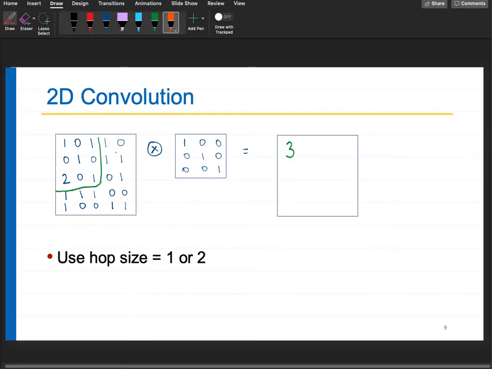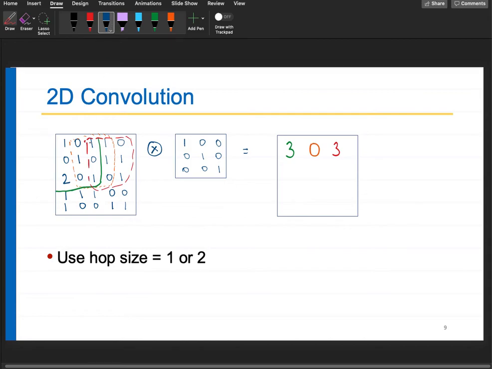In the next shot, you take this window and you multiply. What do you get? 0. Then you have this window. You multiply your kernel. What do you get? 3. In this way, you move your kernel.